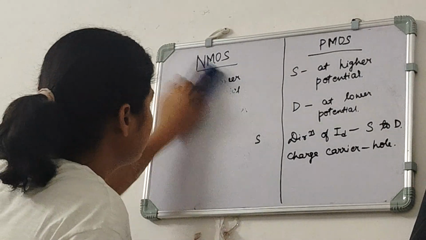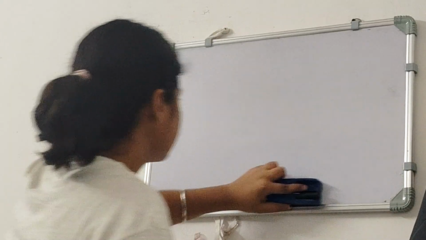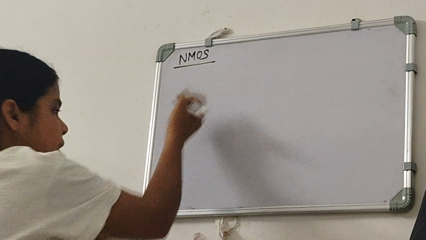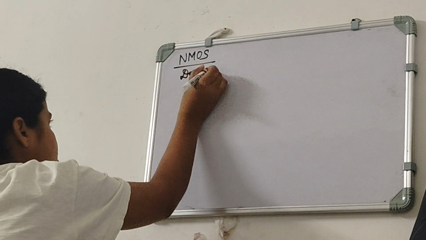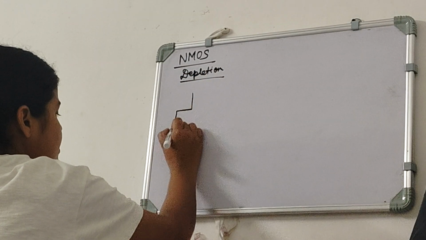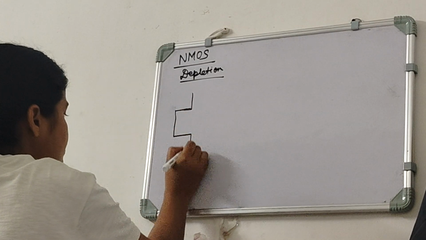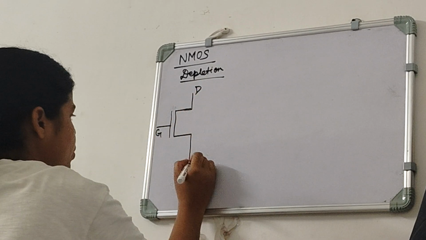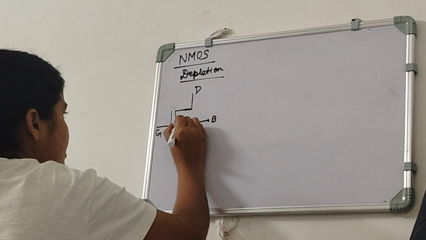Now we will see the symbol. If we talk about NMOS, NMOS means N-channel MOSFET. It can be depletion type. If it is depletion type, it will be shown like this. This is gate, this is drain, this is source, and this is the body terminal, and this arrow will be like this.